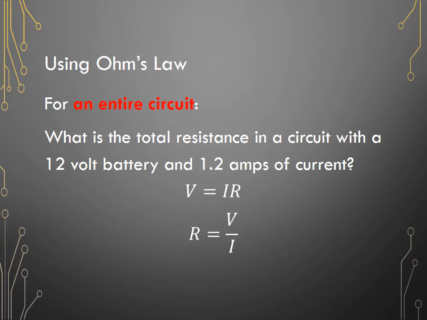If I'm looking at the entire circuit, this is actually going to be the equivalent resistance. There could be 1 resistor here or 200. Anyway, I've rearranged Ohm's law: R equals V over I. You can make this one into a triangle just like we did with the wave equation. And then I plug in numbers: 12 volts, 1.2 amps, 12 divided by 1.2 equals 10. Don't forget your units.